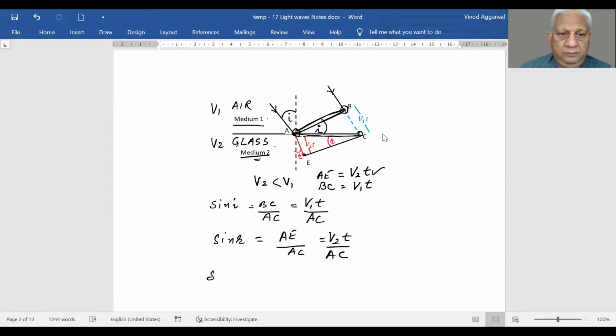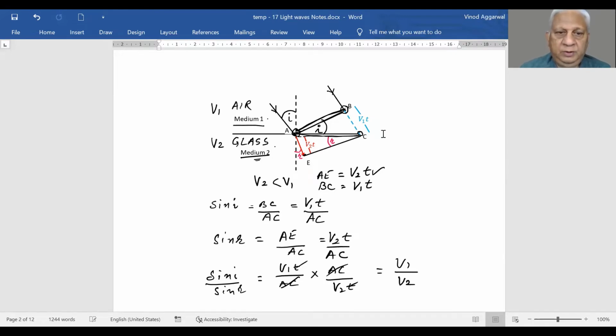Now if we divide sine i by sine r, this cancels away, and what you get is v1 by v2.